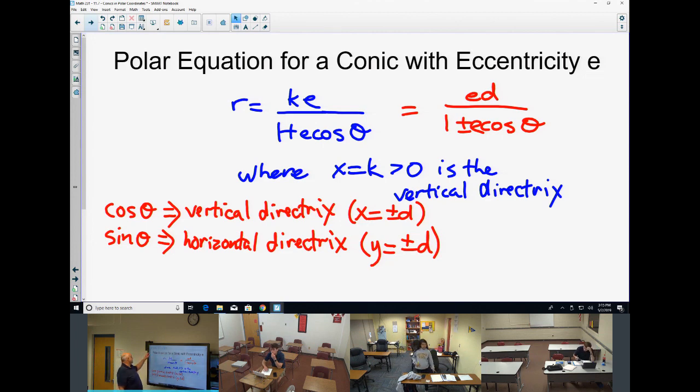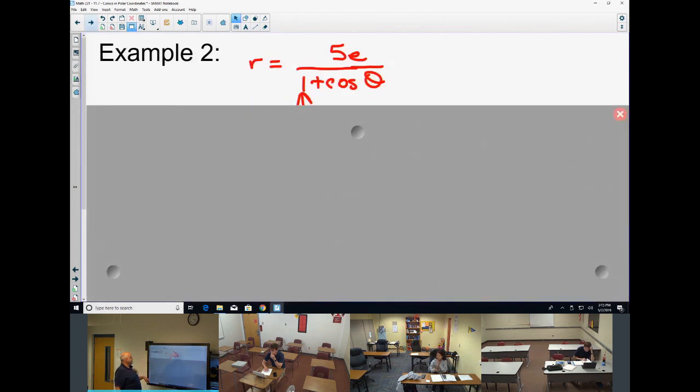Okay, so let's kind of piece this together. Okay, so the first thing is that we want to have our equation in standard form. So with standard form, this 1 here, it needs to be a 1.